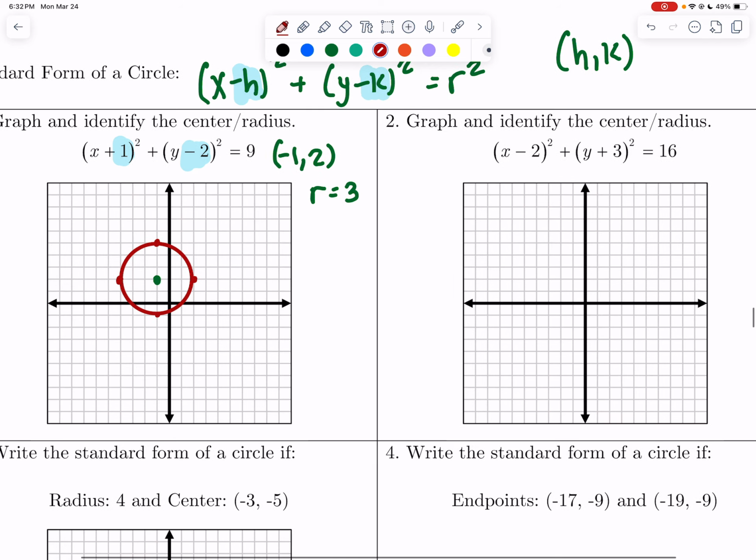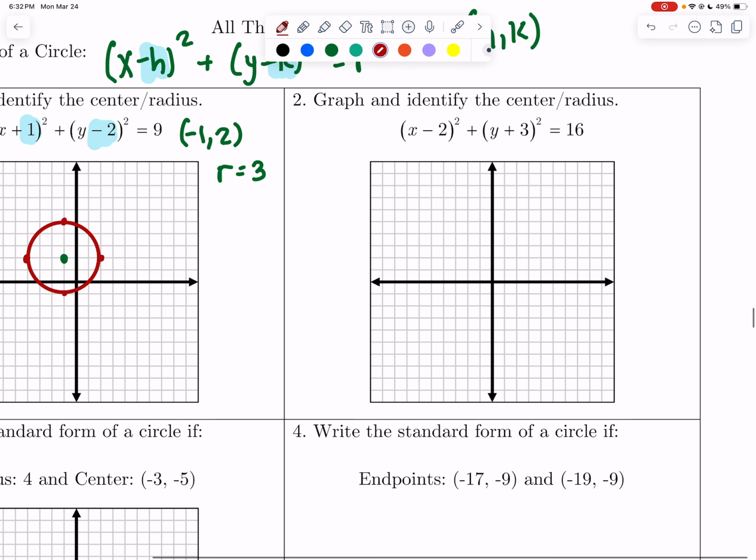All right, for number 2, we're doing the same thing. So we are graphing and identifying the center and the radius. So we know that the center is going to be (2, -3). And we know that the r squared is 16, so my radius is 4. So I have (2, -3).